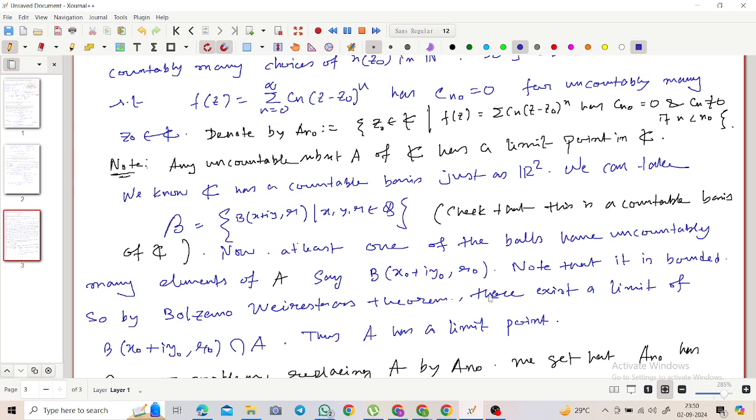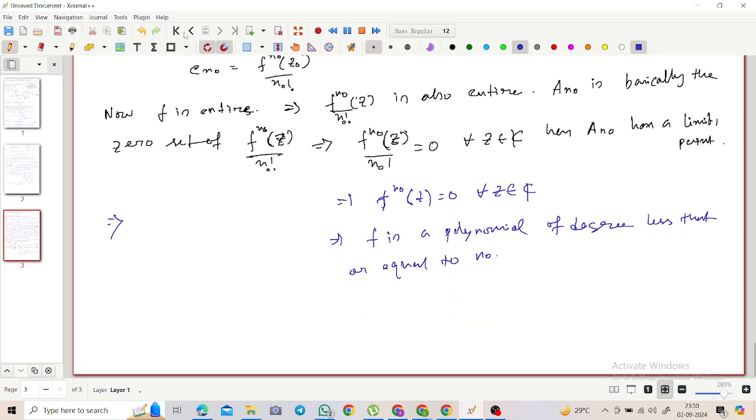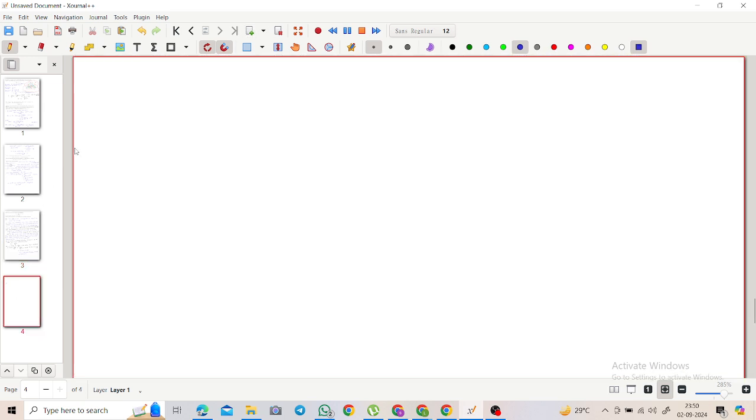That is by the... Is that clear? I am defining this basis of R2.